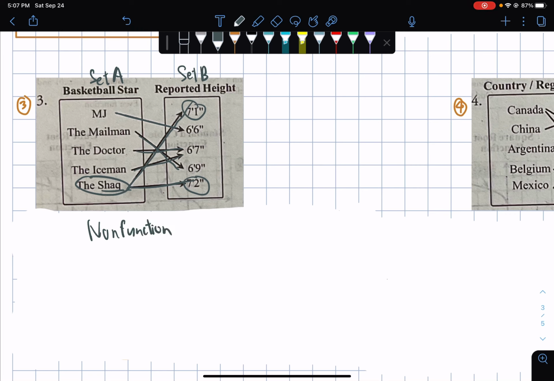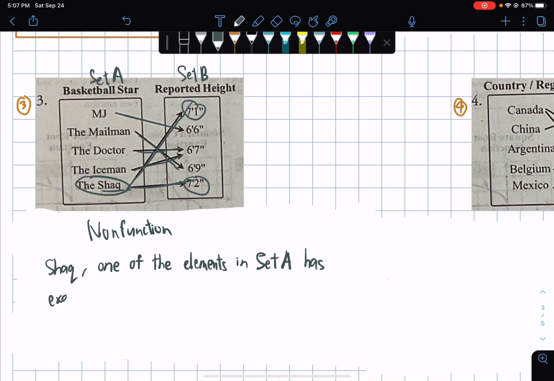Right, so I think you know the reason. Shaq, or one of the elements in set A, or the independent variable, has exactly two matches in the range.